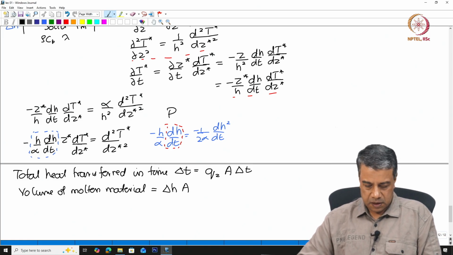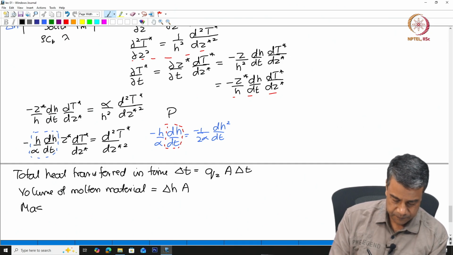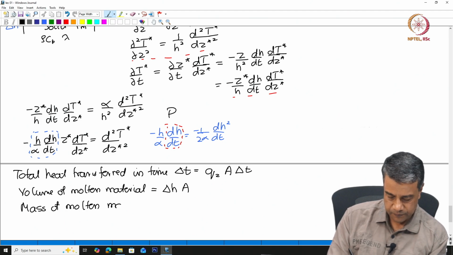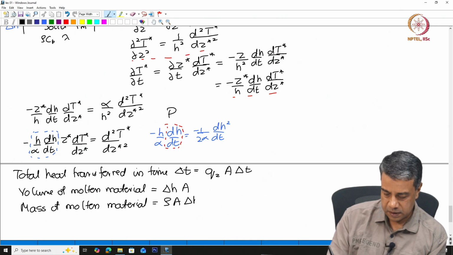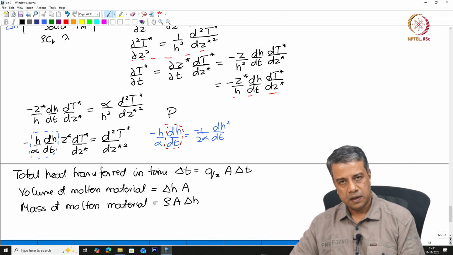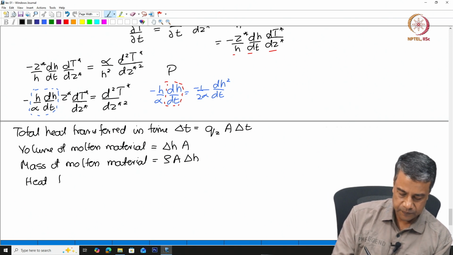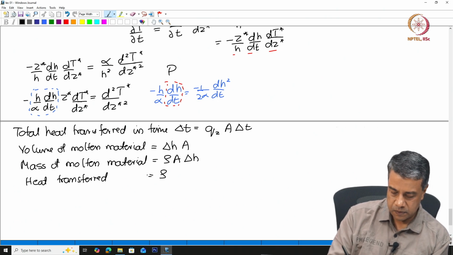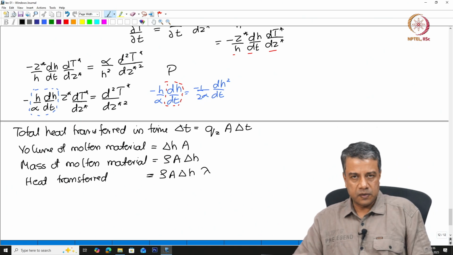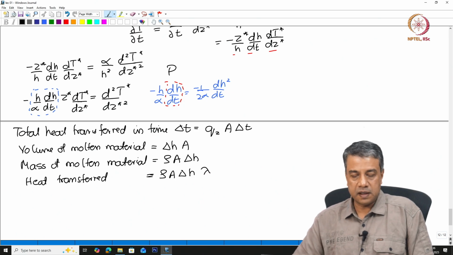Therefore, the mass of molten material is equal to rho A delta h, and the total amount of heat that has to be transferred is rho A delta h into the latent heat per unit mass required for melting the material. So, that is the latent heat that is transferred.